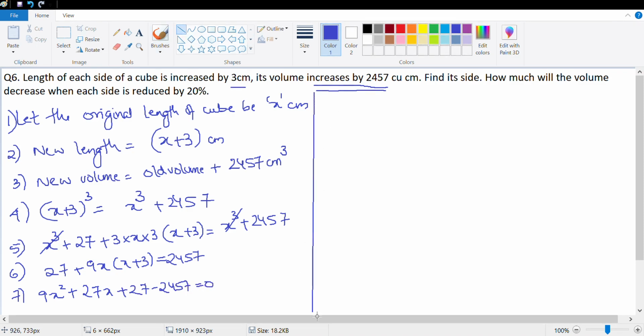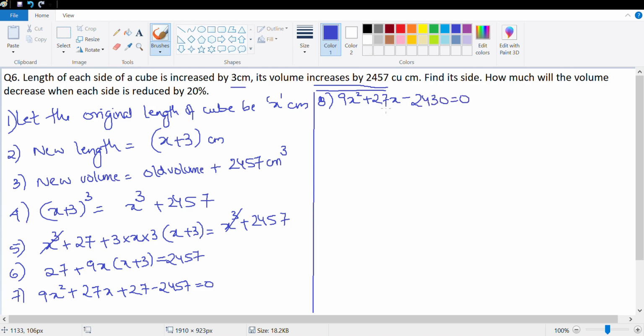Looks like a quadratic to me, and then we'll have to solve this quadratic. So this would be 9x square plus 27x plus 27 minus 2457, that's minus 2430, is equal to 0.